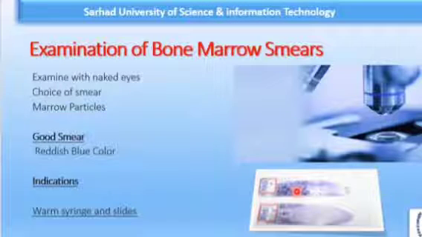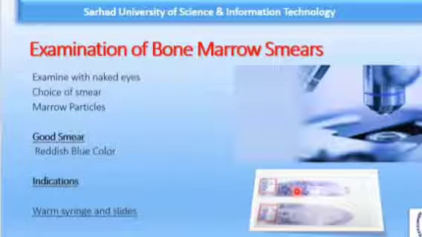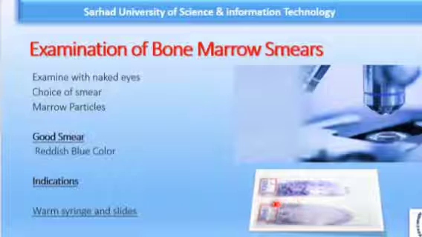So it's compulsory while dealing with RBC hemagglutination disease that the slides and syringe are pre-warmed. A good smear has a reddish blue color.